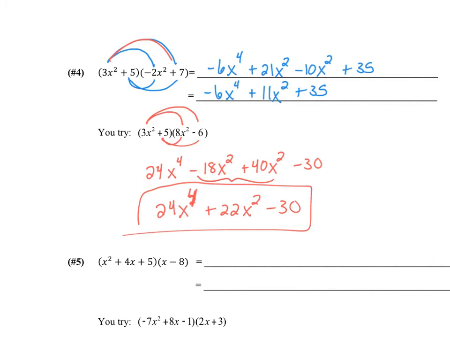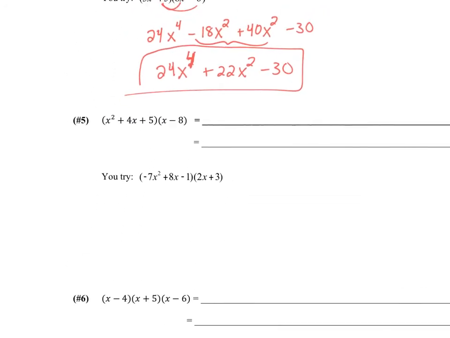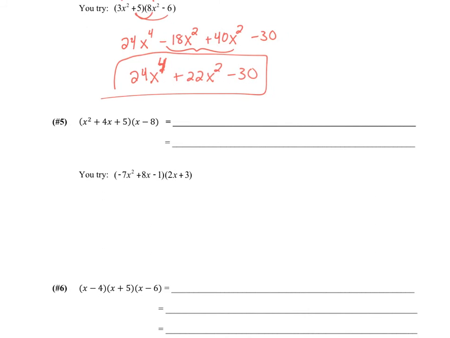Okay, example 5. So now we have a trinomial. So we have 3 terms in the first parenthesis times a binomial. So we distribute the x squared times everything in the second parenthesis. So x squared times x is x to the third. X squared times negative 8 is negative 8x squared.